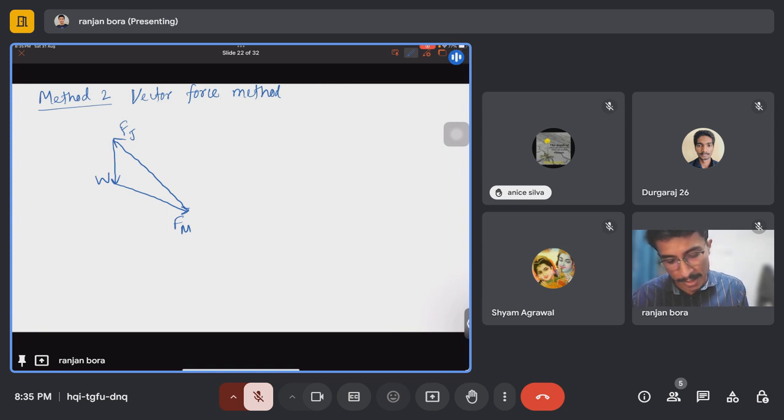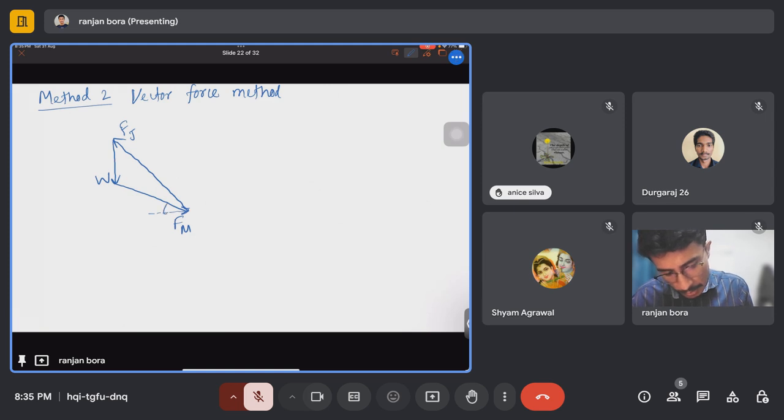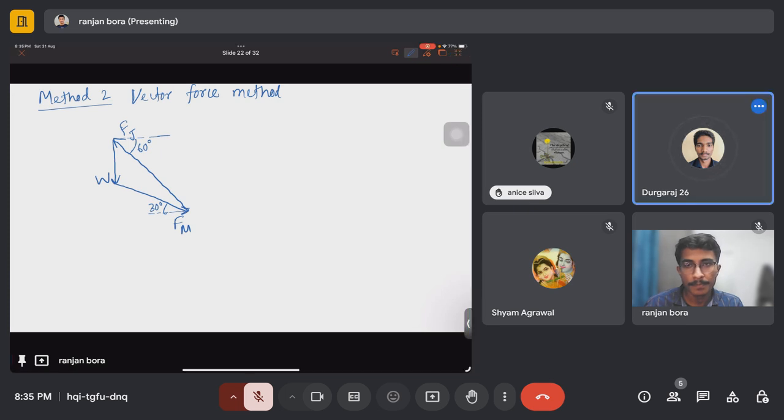W is acting vertically downward, then Fm is acting at an angle of 30 degrees, and Fj is acting at an angle of 60 degrees. So is this diagram clear? The vector triangle. Yes, sir. Okay.